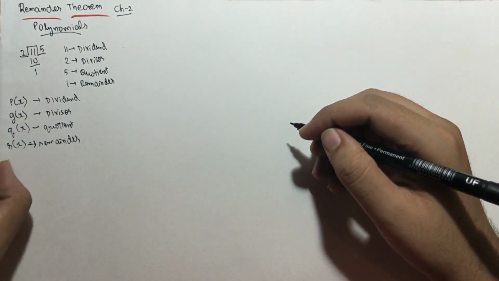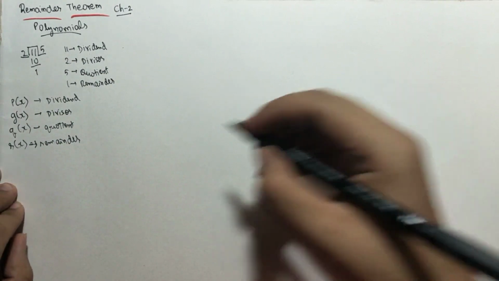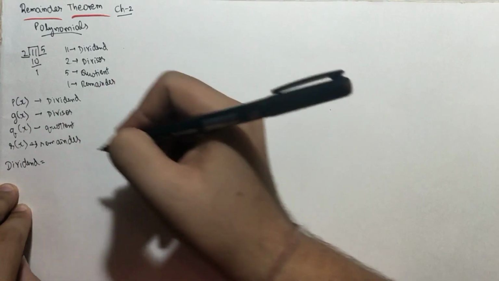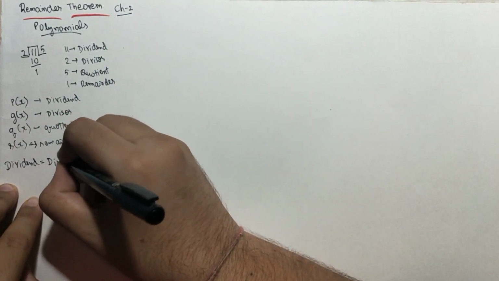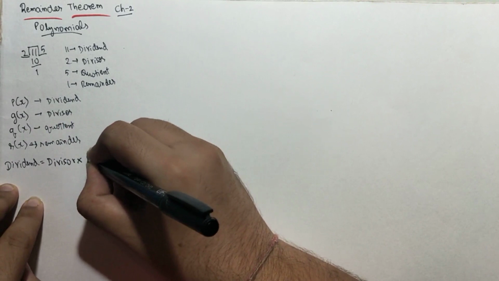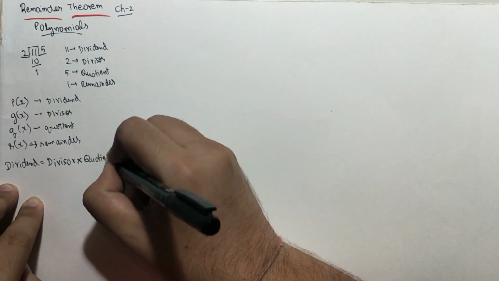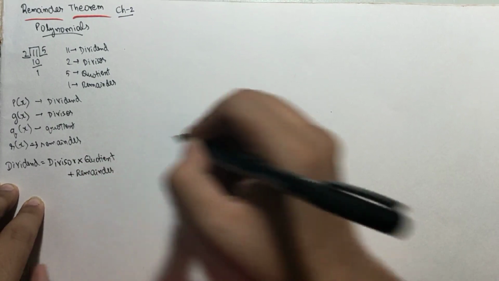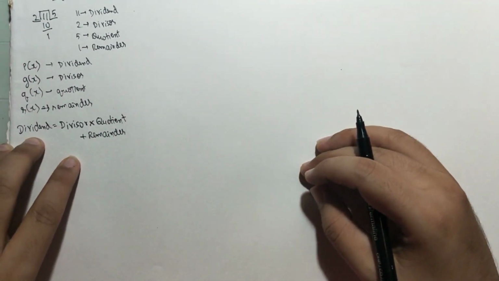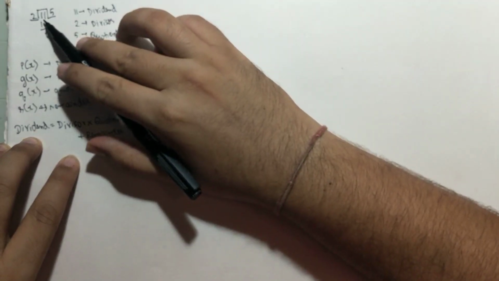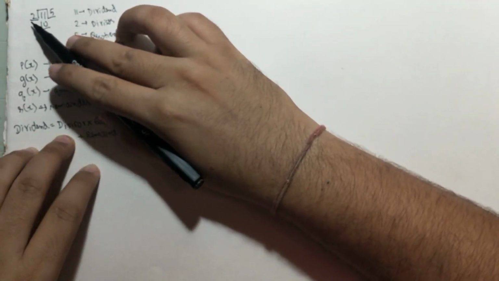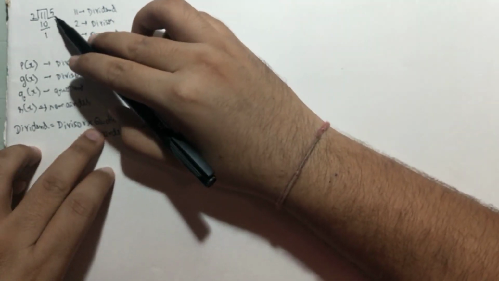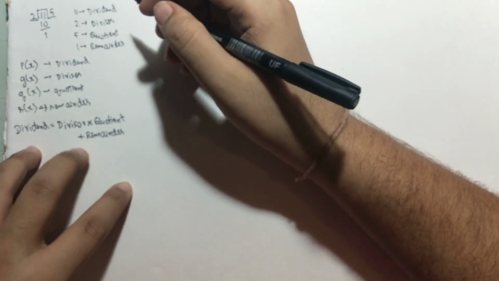Now, with the formula we have learned in earlier sessions, we know that dividend is equal to divisor multiplied by quotient plus remainder. Dividend, that is the number in between the division sign, is equal to divisor, meaning the number by which it gets divided, multiplied by quotient plus remainder.